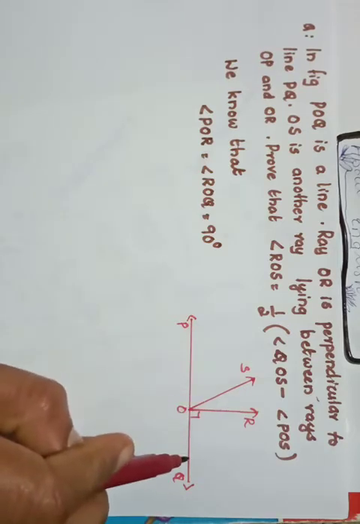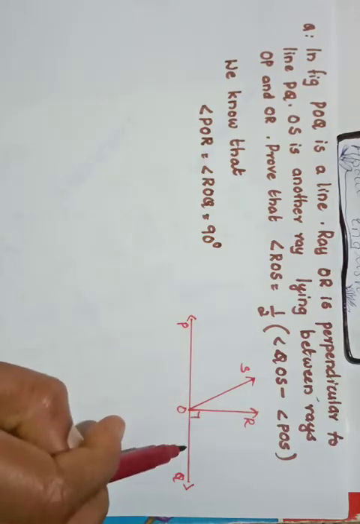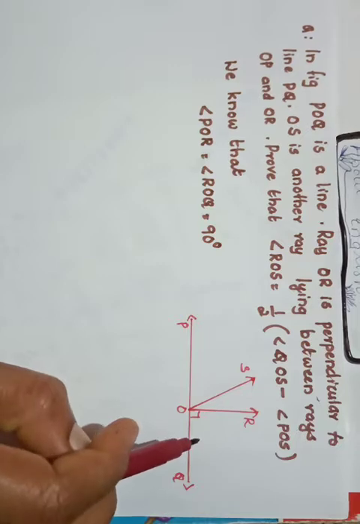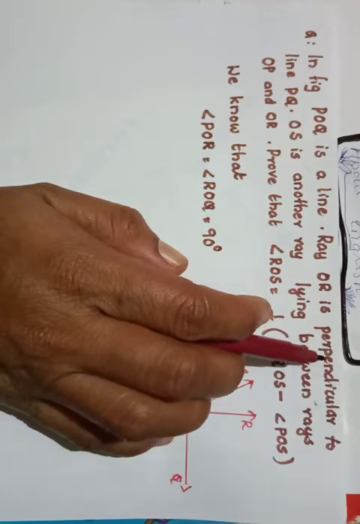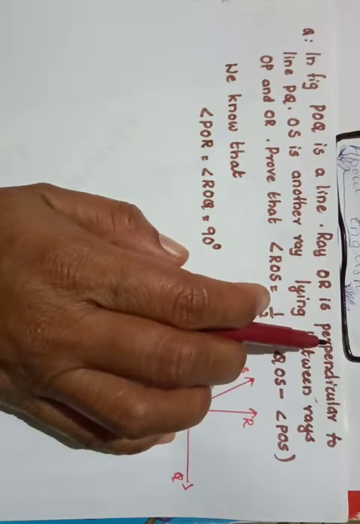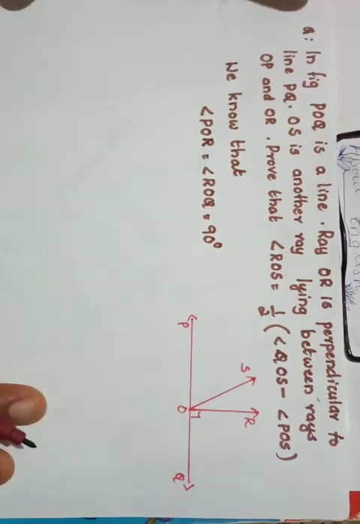Since ROQ is 90 degrees, how can you understand that? Because in the question it is given that OR is perpendicular, which means it forms 90 degrees with the line.